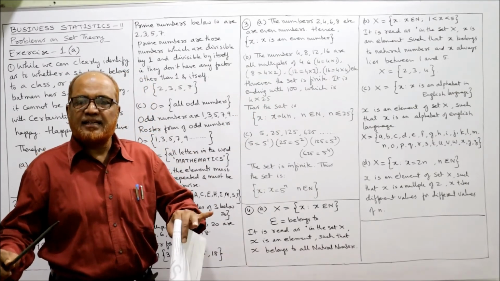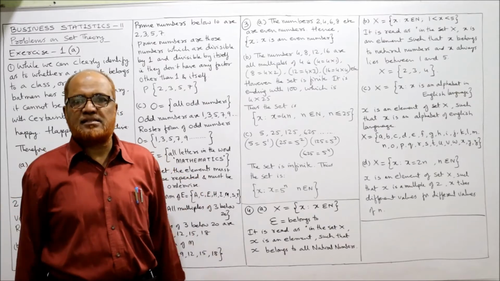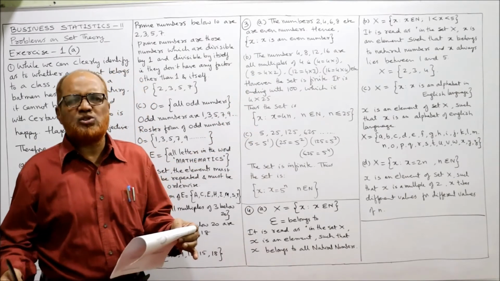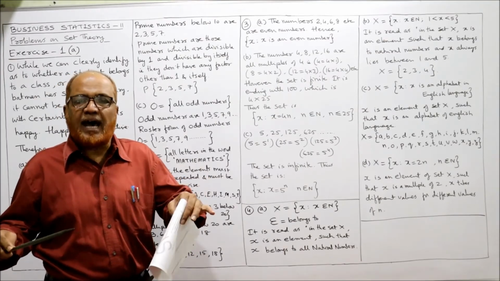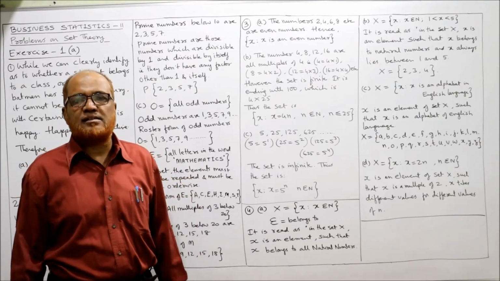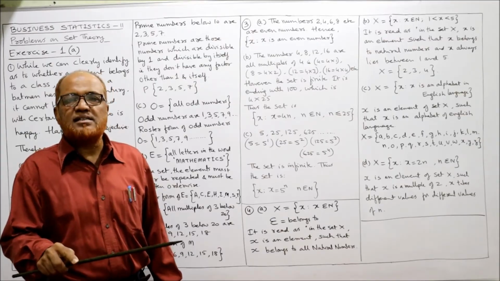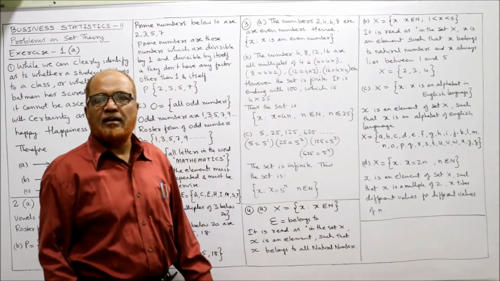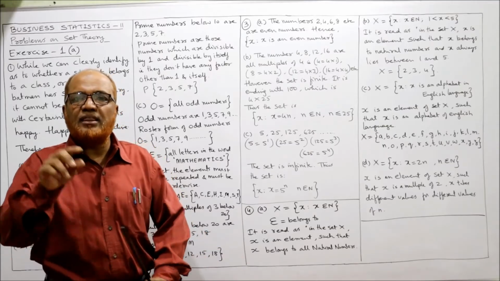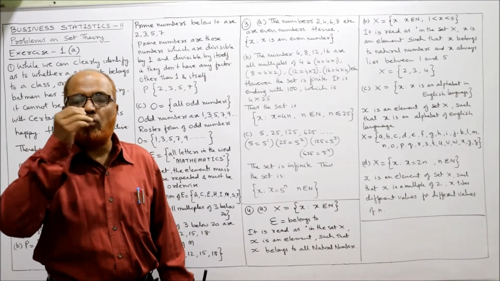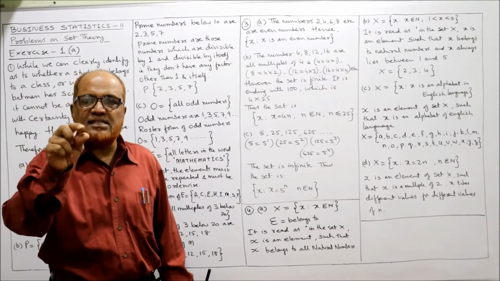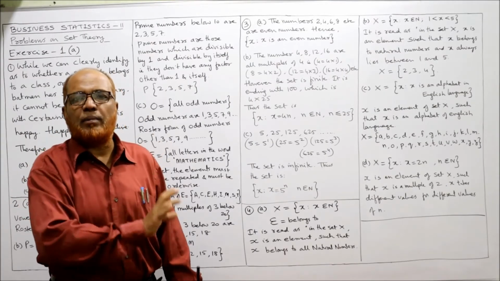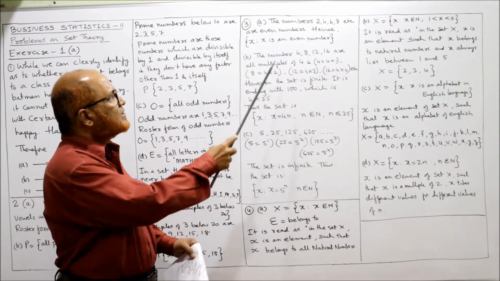That means the set has an element x. We are not given the name of the set, but the set has the elements x, and element x is an even number. So we have written the rule in the bracket. What is that rule? x is that element such that x is an even number. That's it. First bit over.